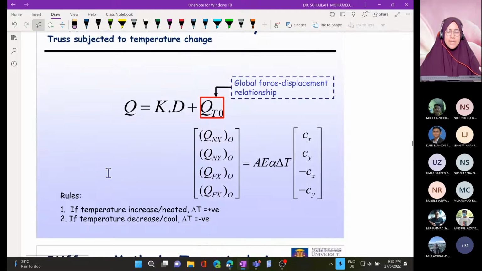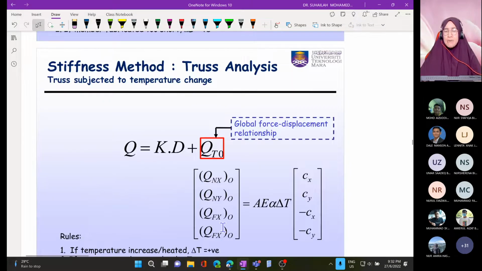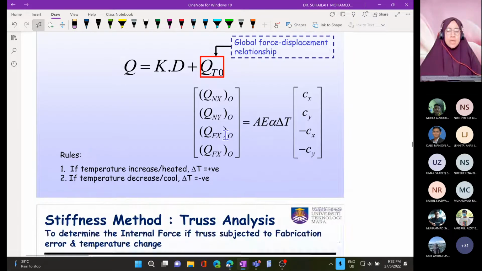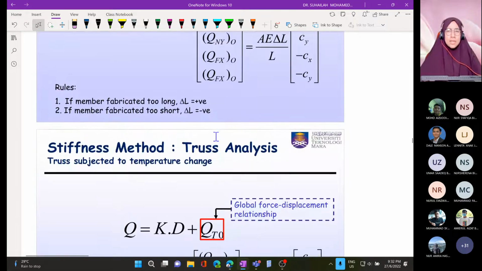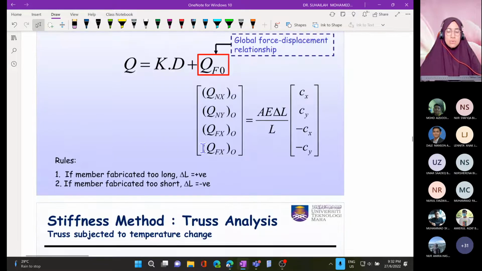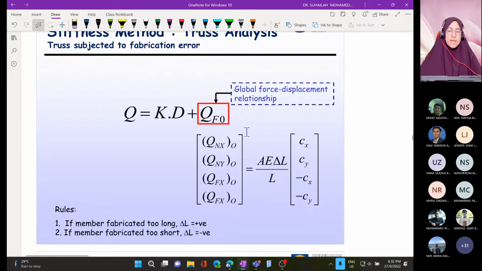About the effect of temperature changes and fabrication error, later also watch the video, or maybe we can set another session to see the effect. We have to consider the effect from temperature changes and fabrication error.